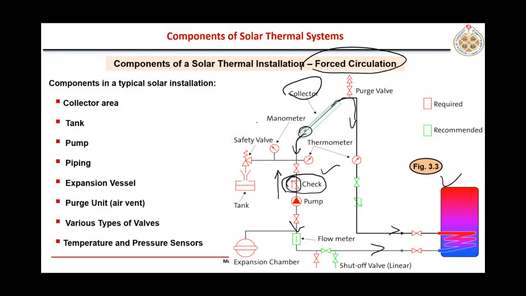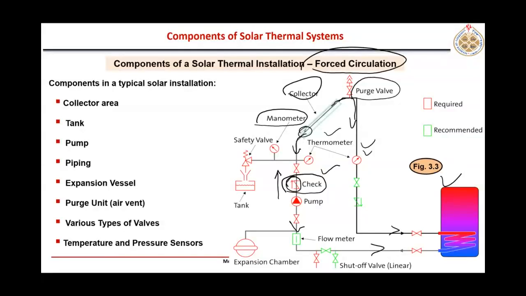There are other safety valves. There is a manometer to measure pressure if we are interested, because when steam starts to produce here, it will start to increase the pressure. Also, there are thermometers to measure the temperature at the inlet and exit of that solar collector.